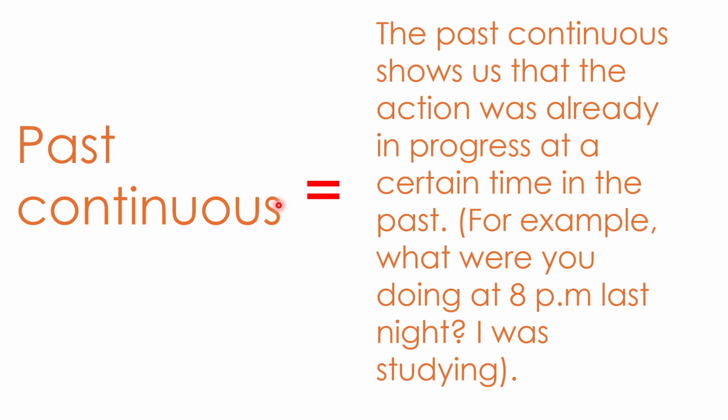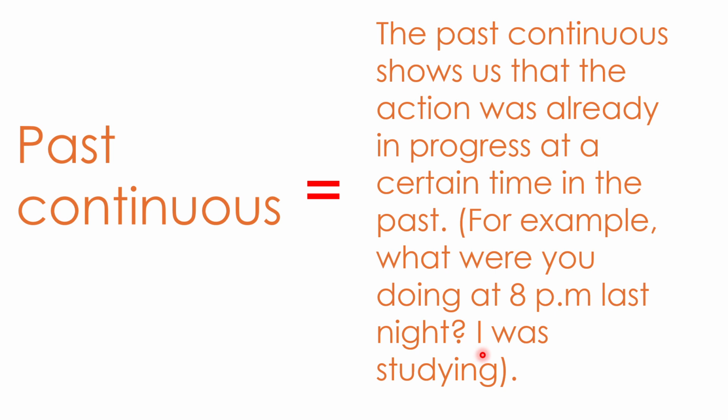Past continuous. Let's find out what past continuous is. So, the past continuous shows us that the action was already in progress at a certain time in the past. For example, what were you doing at 8 p.m. last night?